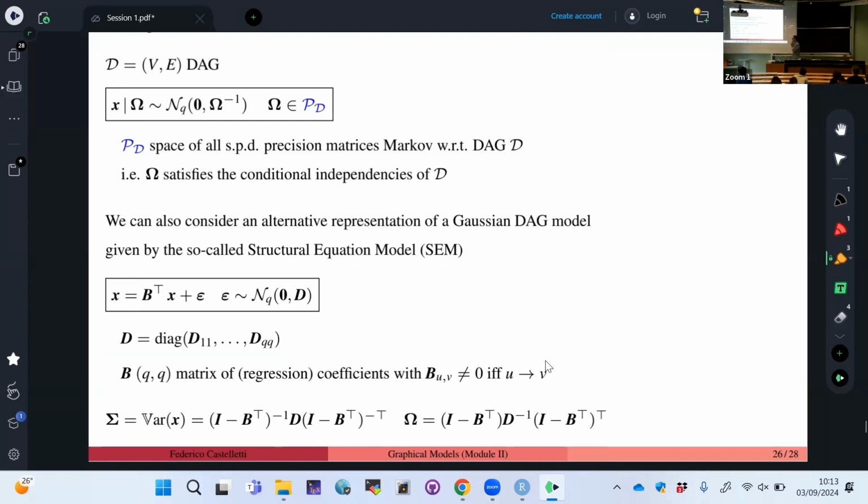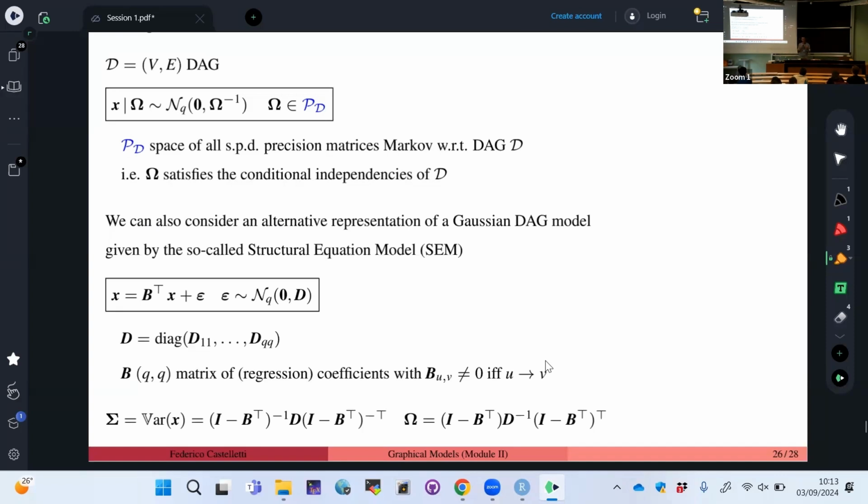Okay, so what is a structural equation model representation? Basically it is a set of linear equations, where each equation refers to one variable, and as we will see, it corresponds to a normal linear regression model.